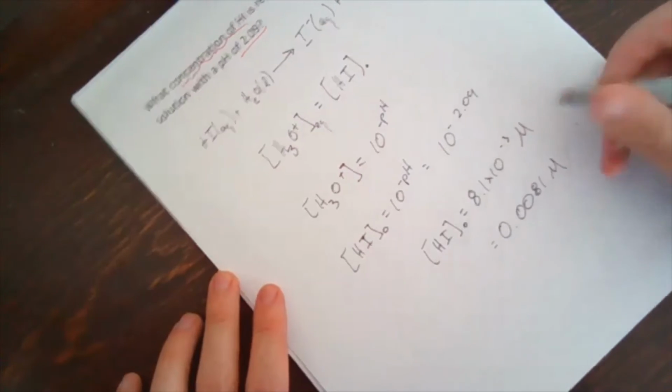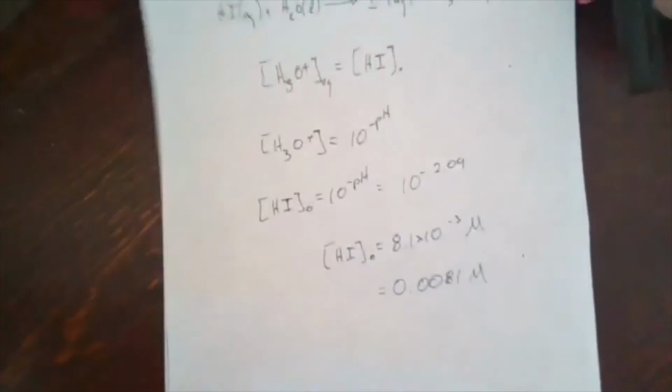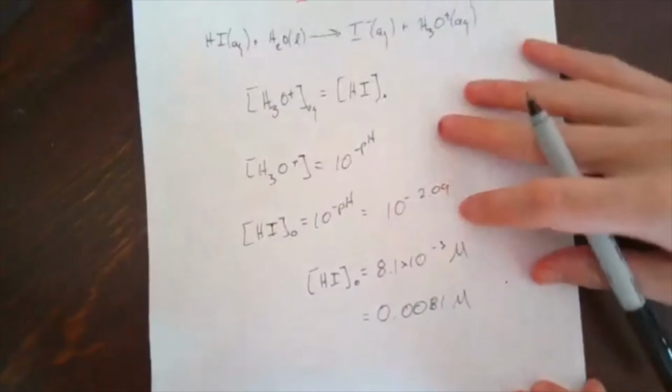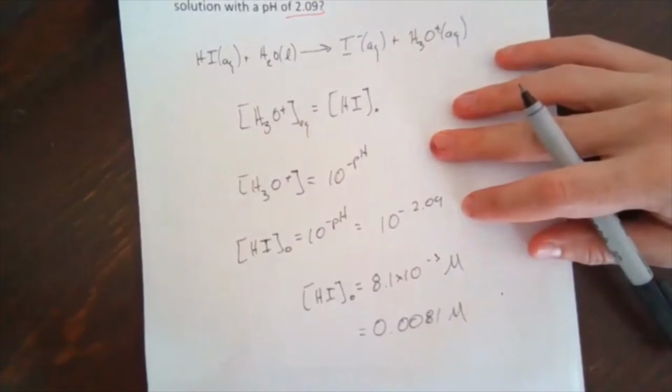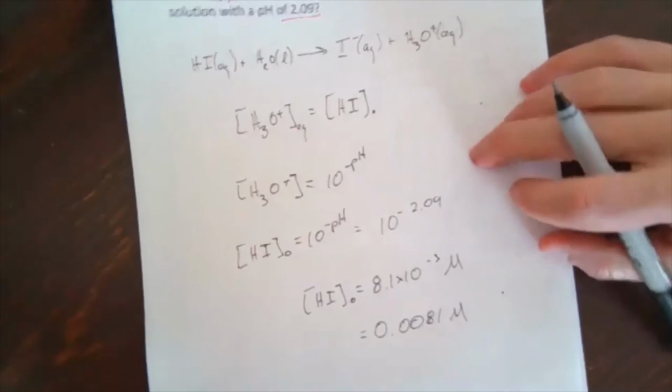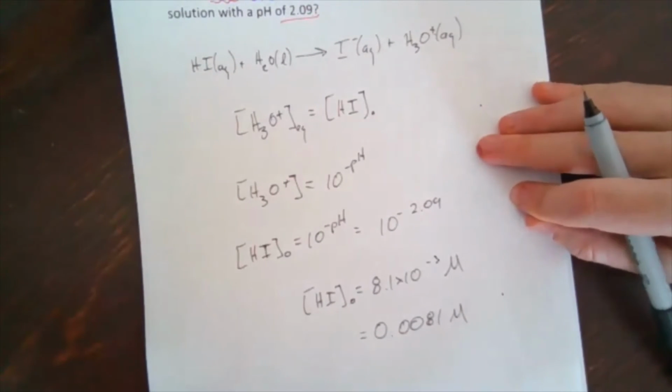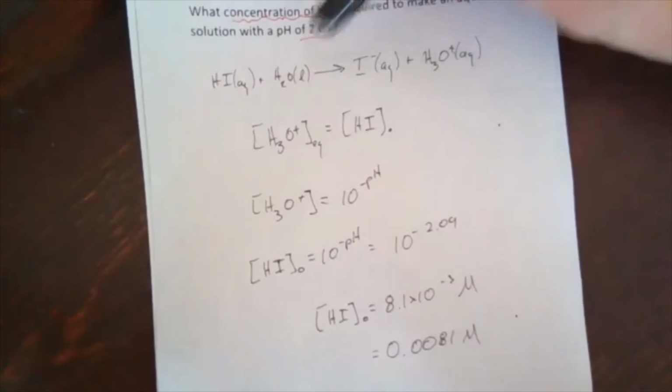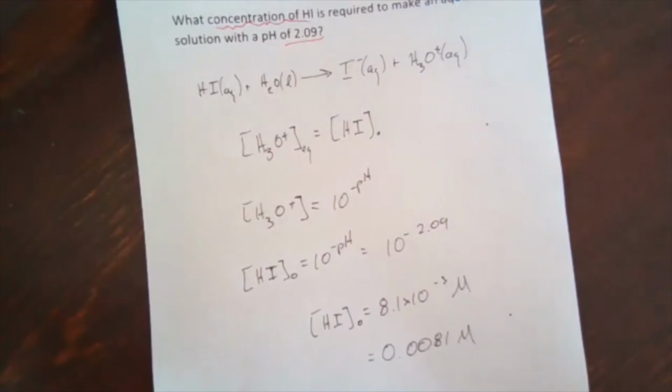0.0081 molar. And so this also goes to show why we use strong acids when we're trying to prepare solutions like this. Oftentimes we want a target pH. I need a solution with pH 2.09, or 8.46, 12.32, 1.4, whatever the pH that we want is.